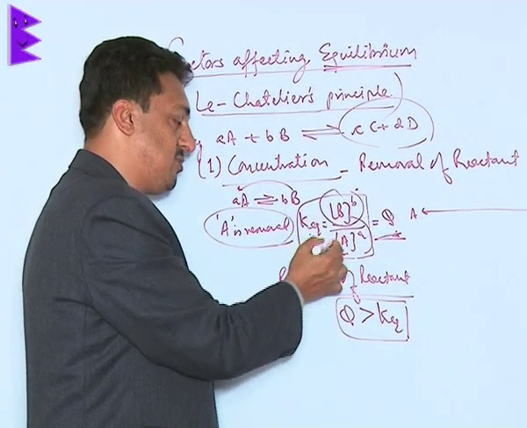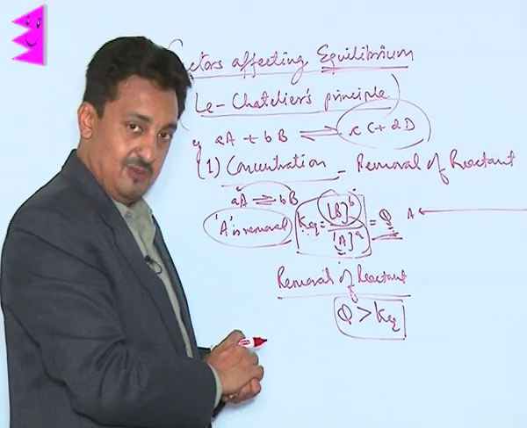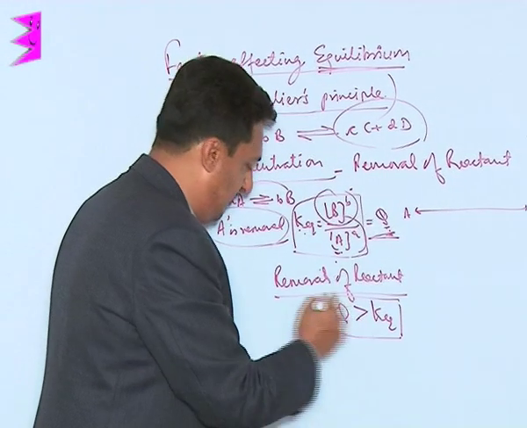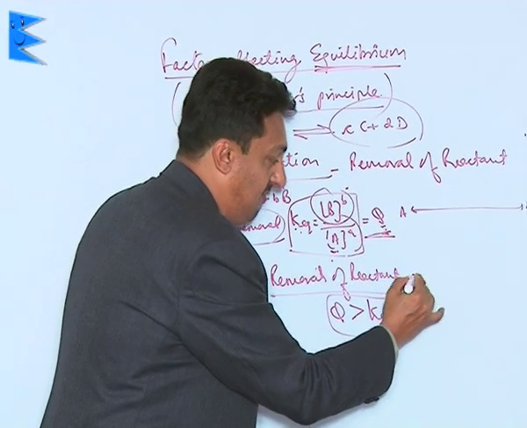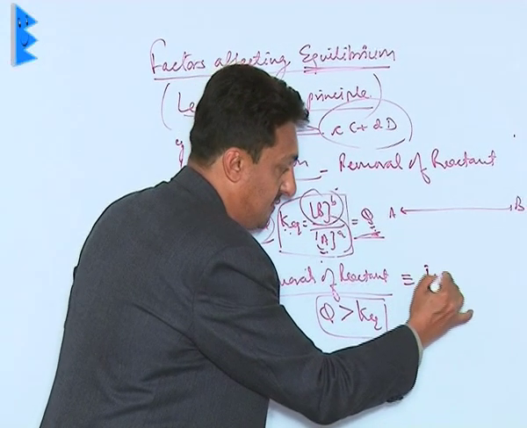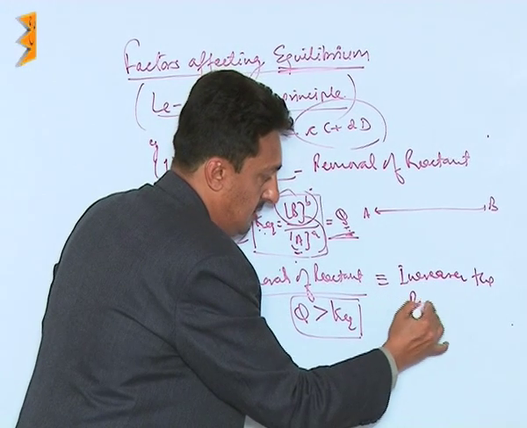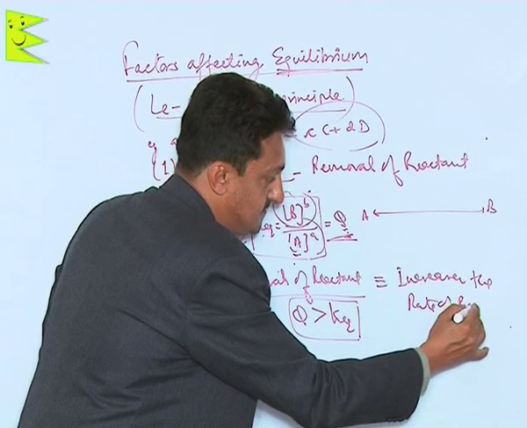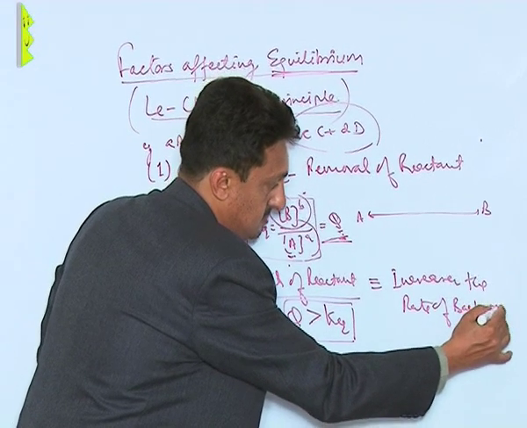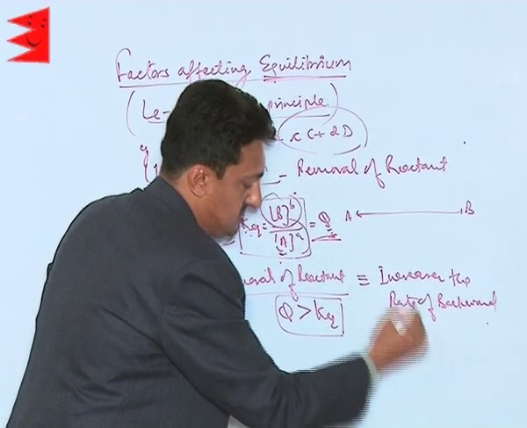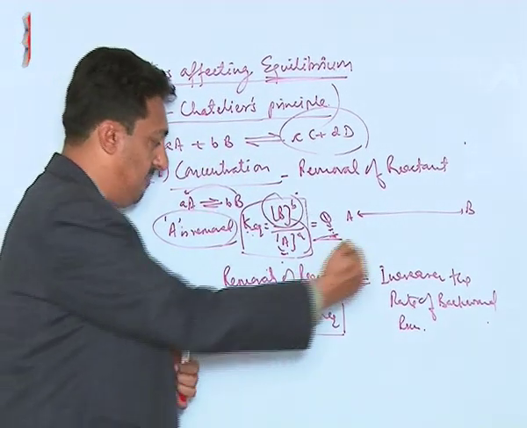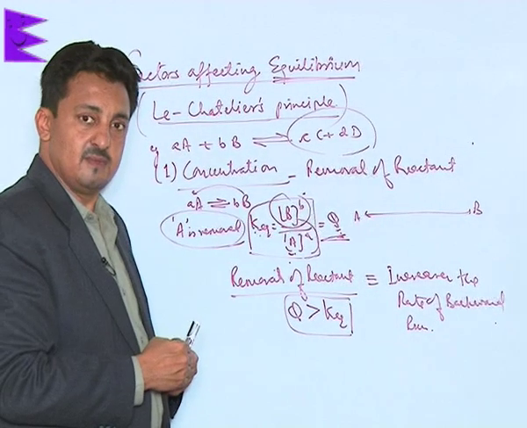The ratio of these two again becomes, this Q becomes equal to your K equilibrium. So what we find is, the removal of reactant always increases the rate of backward reaction. Rate of backward reaction gets increased.